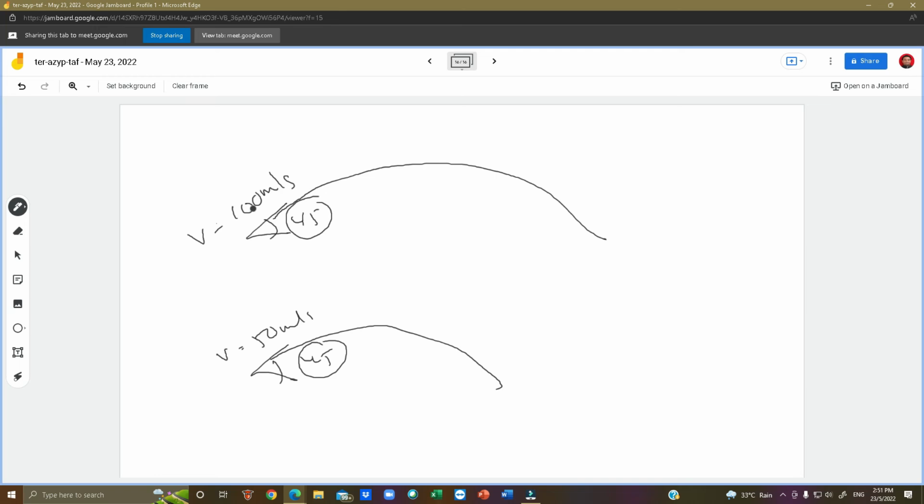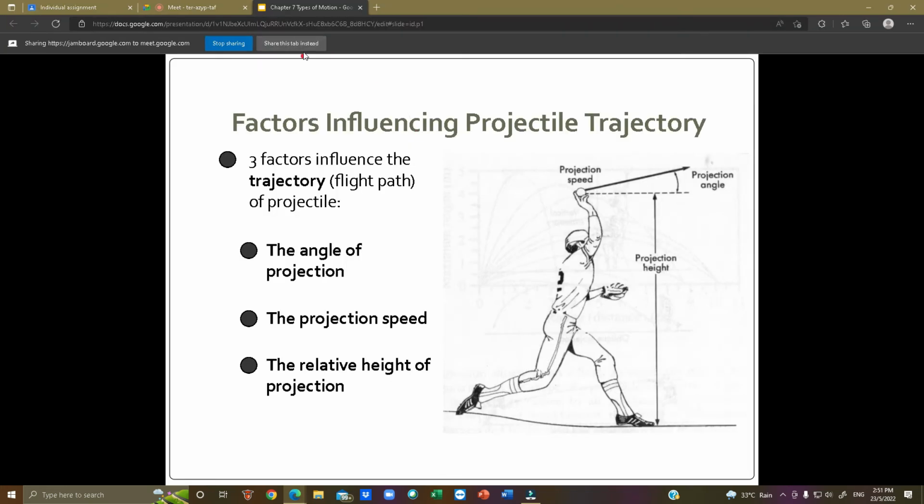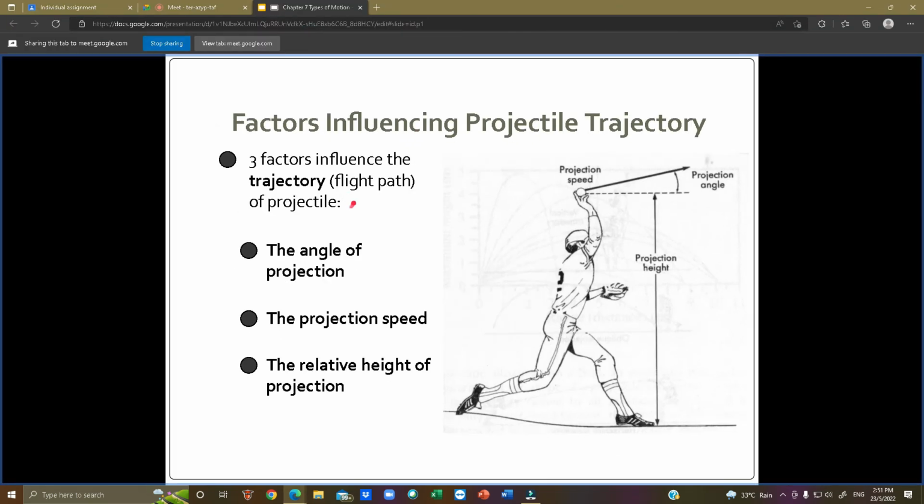the projectile can go. So itu adalah 3 properties which play a major role in determining flight pathway. Angle of projection, this one, theta.